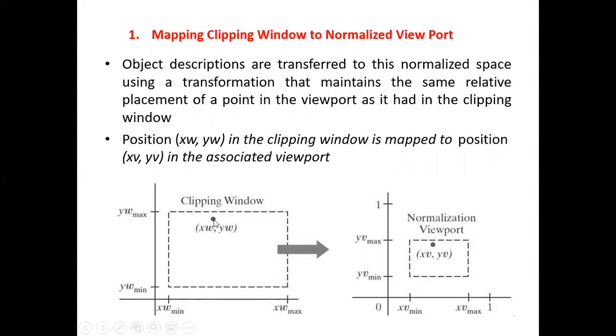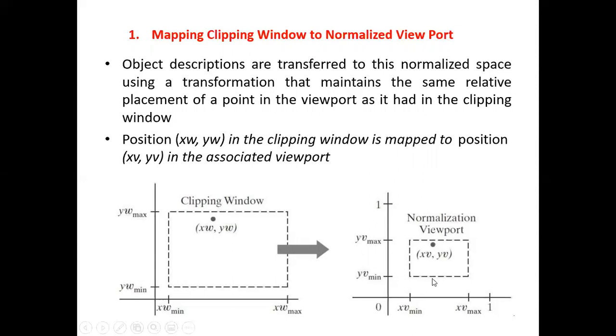If I consider any point in the clipping window, this point has to be transformed to a point in the viewport at the same relative position. Relative position means its position should not change. Wherever it was in the window, at the same relative position it should be transformed into the viewport. That is what we mean by window to viewport.